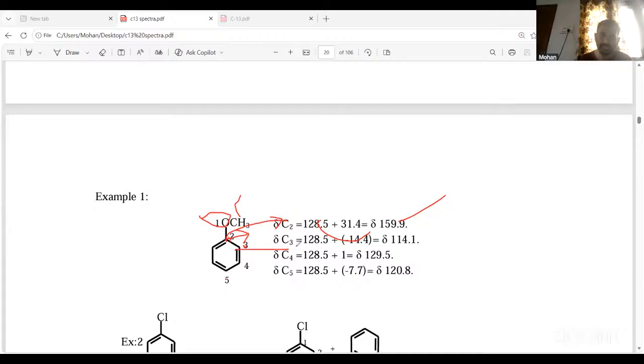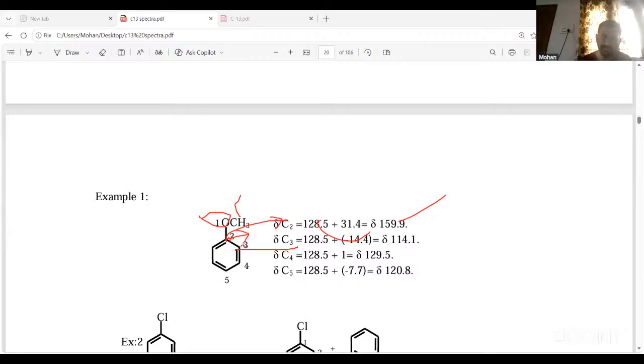Now the C3 carbon. For the C3 carbon, it is 128.5 and the additional value is minus 14.4.